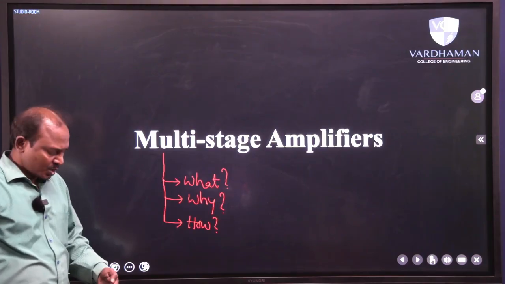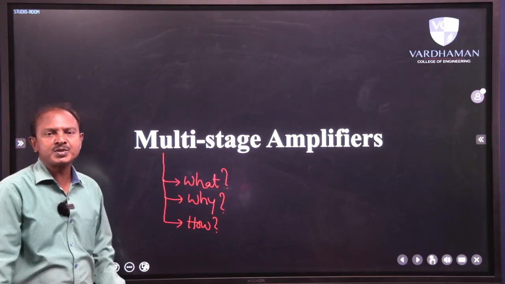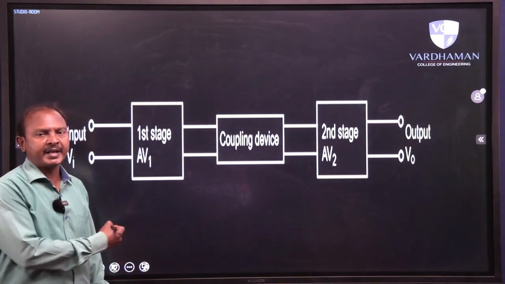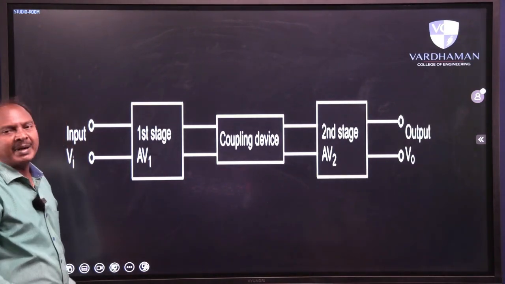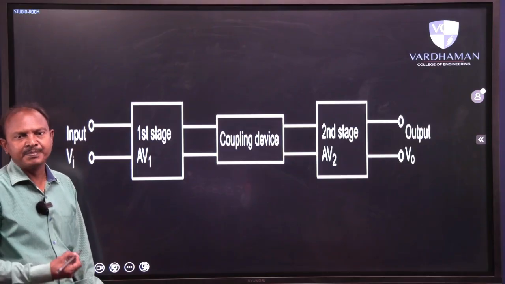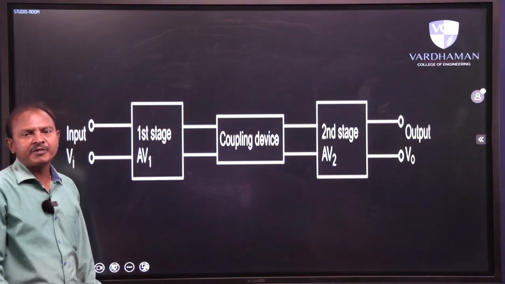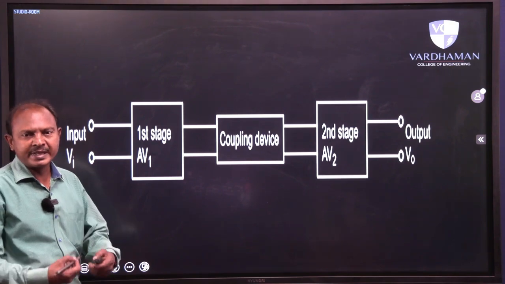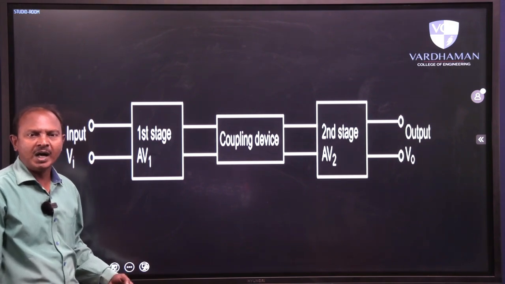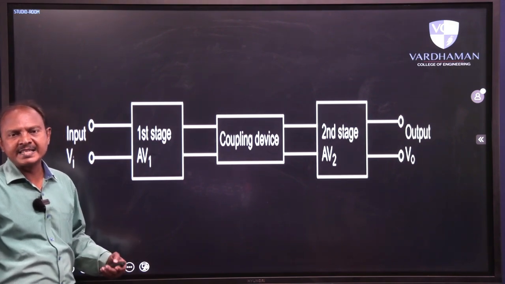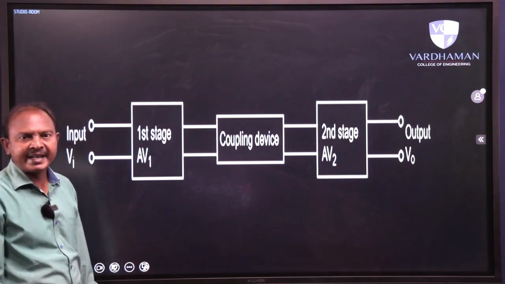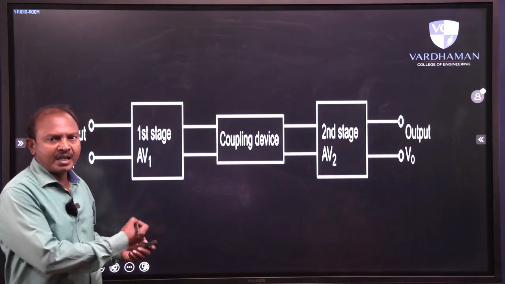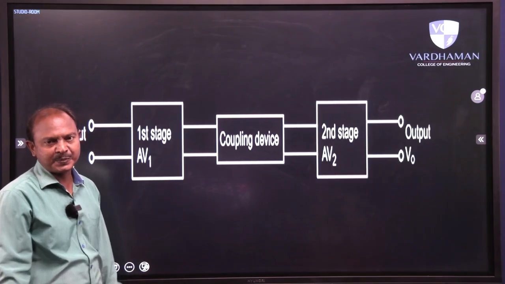First of all, to get the answer for a simple question, what is a multi-stage amplifier? Just look at this block diagram. A multi-stage amplifier is made up of n number of individual single stage amplifiers, or more technically speaking, if two or more single stage amplifiers are cascaded or connected in series, a multi-stage amplifier will result.